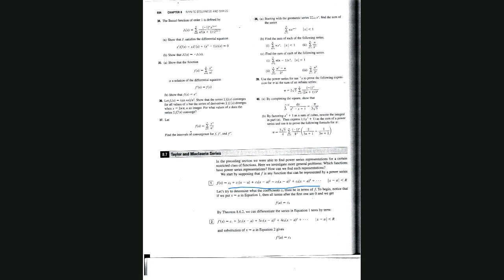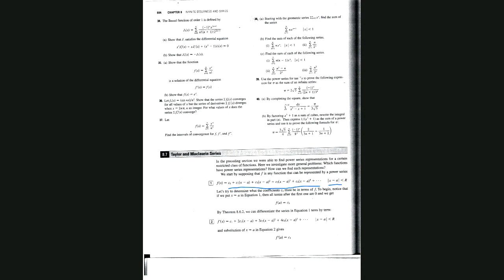The c's are constants, coefficients. The a is some number. And we're assuming that the interval of convergence is such that the absolute value of x minus a is less than some radius r of convergence.